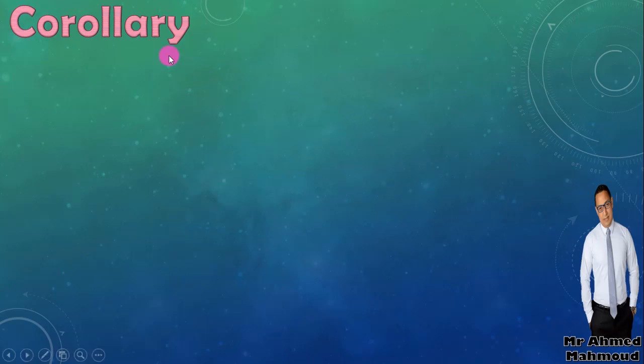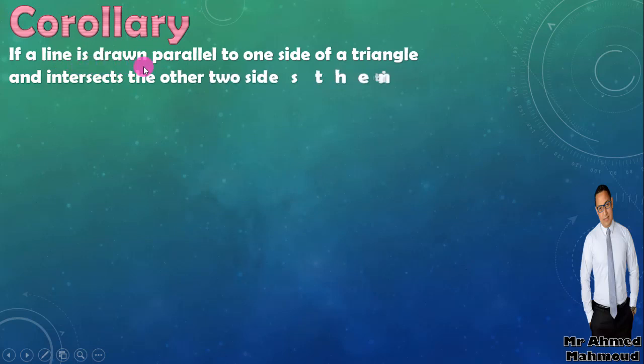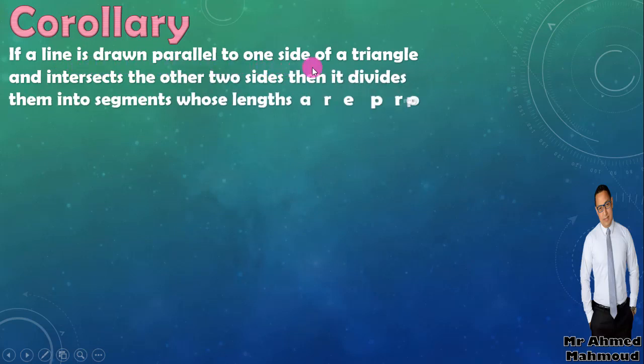A corollary is a rule that results from the theorem. If a line is drawn parallel to one side of a triangle and intersects the other two sides, then it divides them into segments whose lengths are proportional.